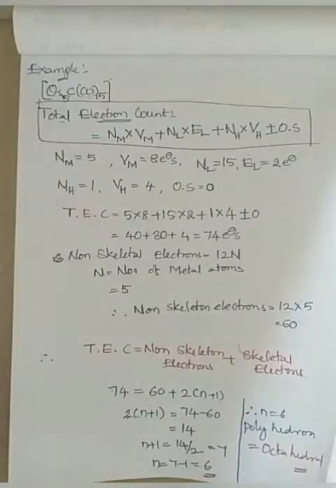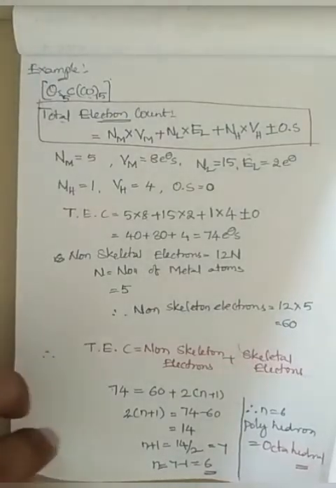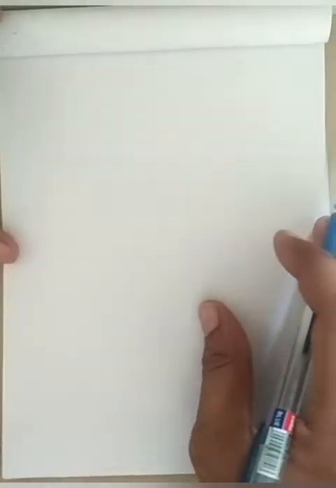Here the octahedral, as per Wade's rule, may be of 3 types. It has 3 types of structures: closo, nido, arachno. And thus closo, nido, arachno will be defined in 3 cases.